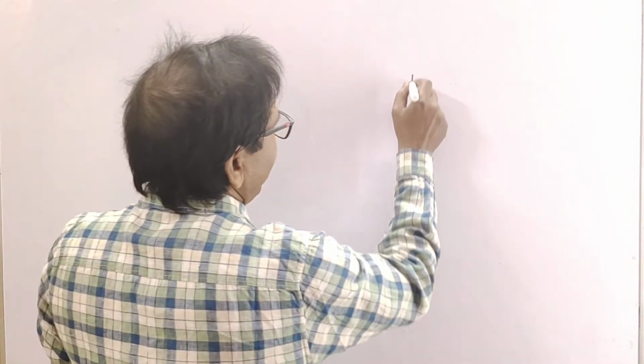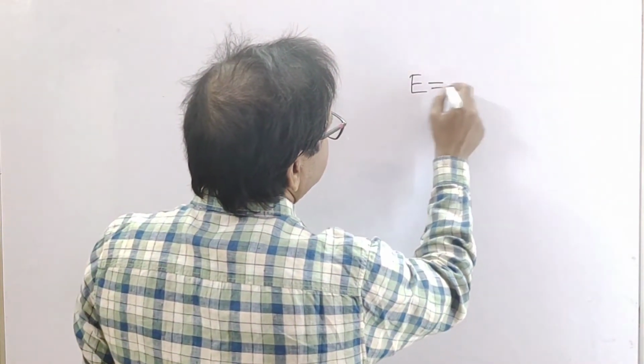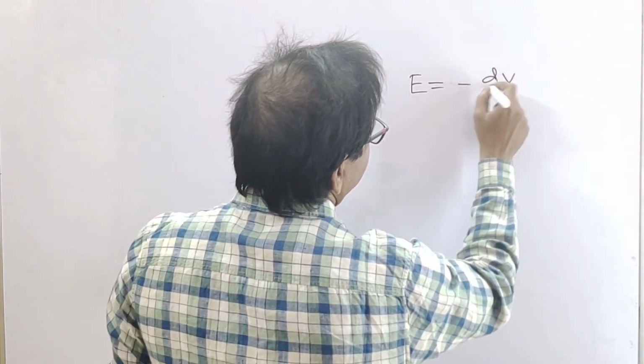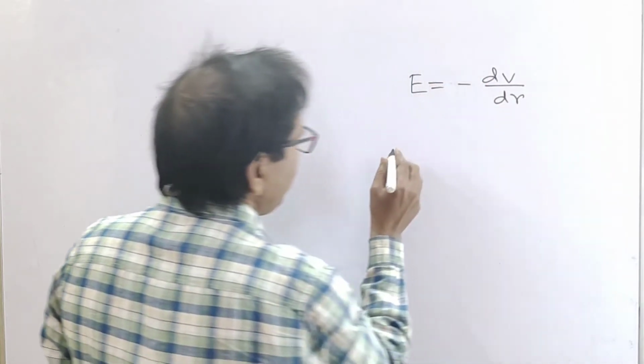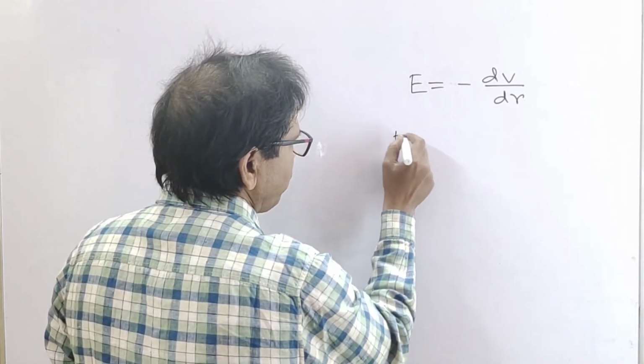Okay, now the relation between gravitational potential and gravitational intensity. We know the gravitational intensity is the negative gradient of potential, that is E equals minus dV by dr. So from this relation we can express it in vector form.